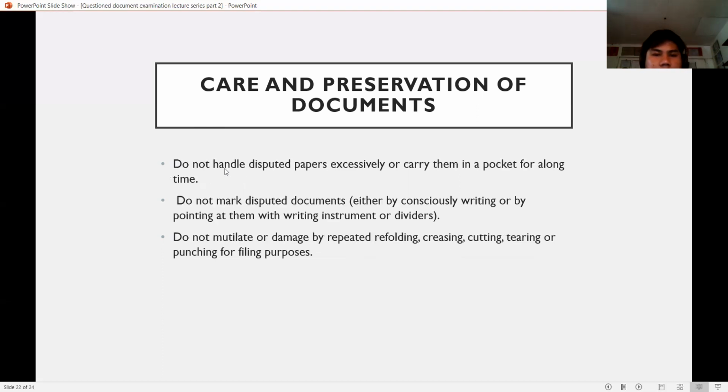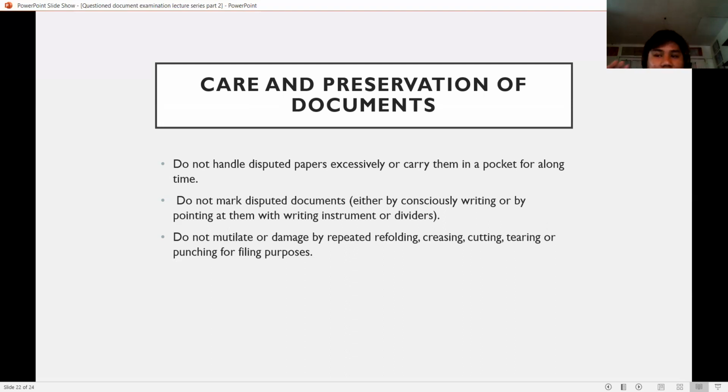Next, do not handle disputed papers excessively or carry them in a pocket for a long time. Again, place it in a transparent envelope. And do not mark disputed documents, either by consciously writing or pointing at them with the writing instrument or dividers.